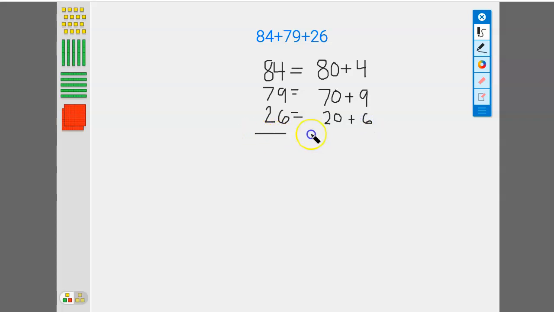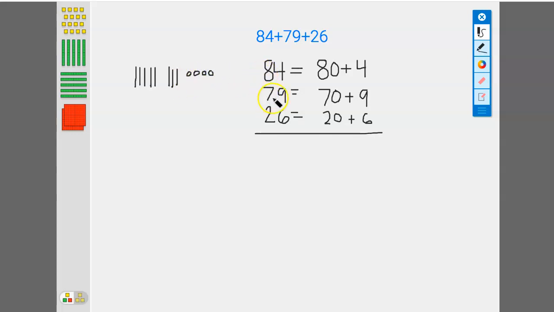And if you want a picture to go with it, let's do it. Let's put 84 over here. 10, 20, 30, 40, 50, 60, 70, 80, 81, 82, 83, 84. So there's 84.